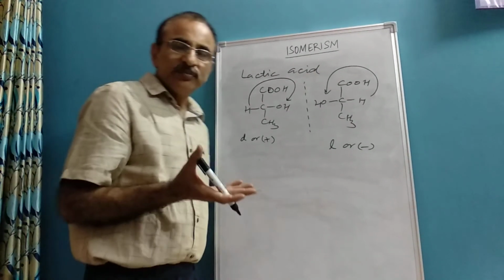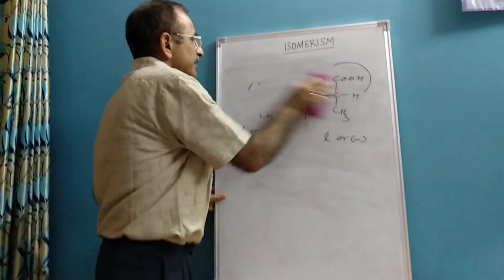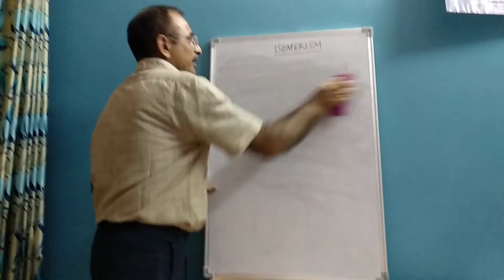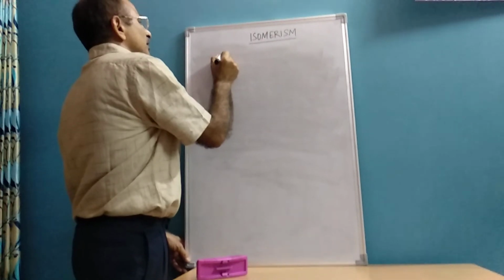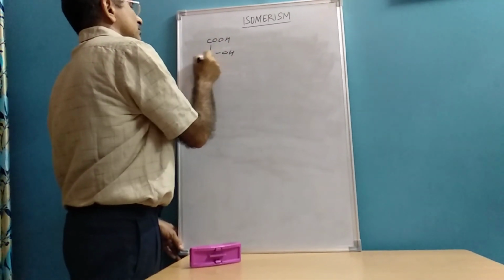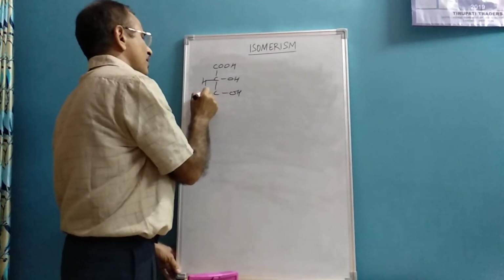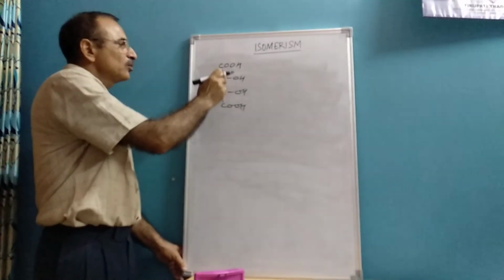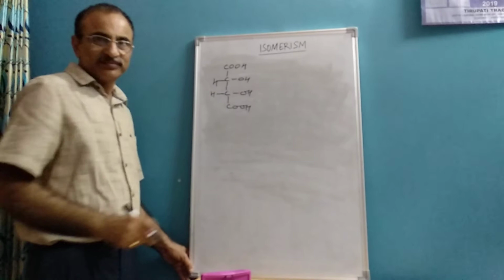Same one can be observed in tartaric acid also. Now, let's take an example of tartaric acid where 2 chiral carbon atoms are there. Here we are having 2 asymmetric centers. This is tartaric acid.